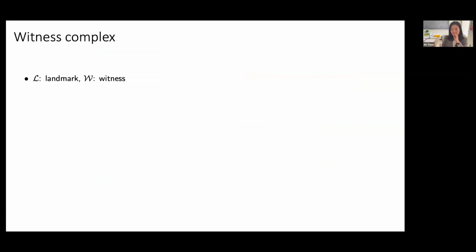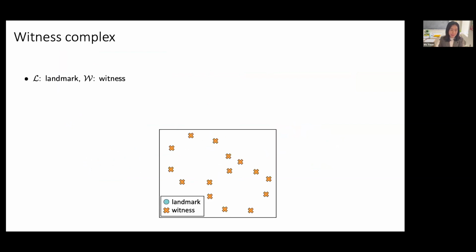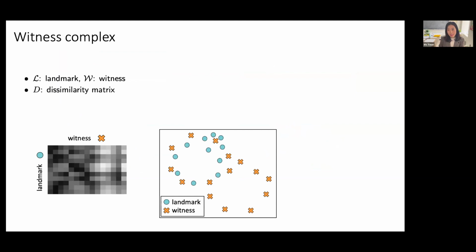So let's say I have 2 different point clouds, one called the landmarks and another called the witnesses. And let's say I have a matrix measuring similarities or dissimilarities between my landmarks and the witnesses. A witness complex is a simplicial complex that has the landmarks as the potential vertex set.